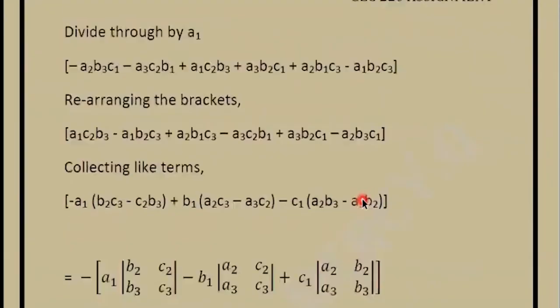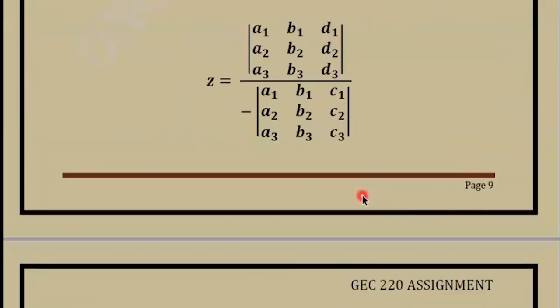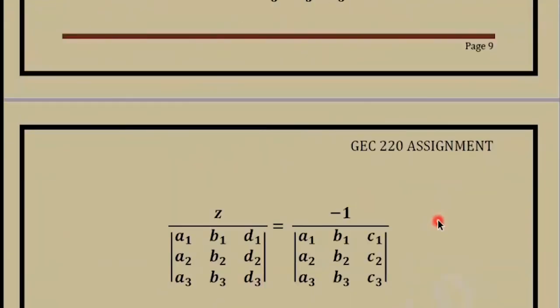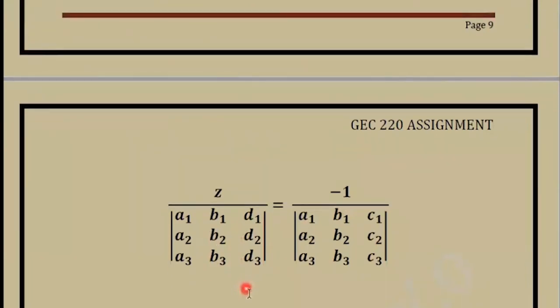If you notice, after cross multiplying, we have z to be over this and -1 to be over this. And thankfully, the denominator here is the same as change in 3, and the denominator here is the same as change in 0.